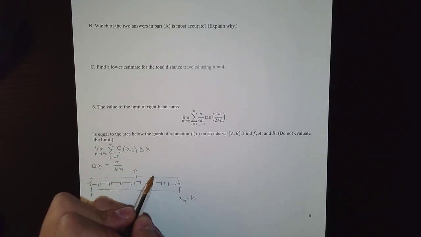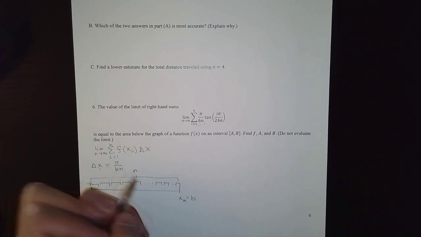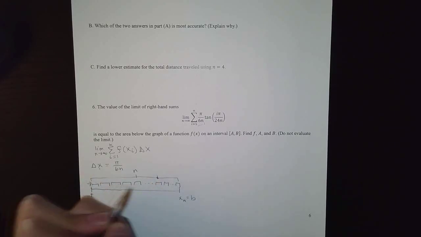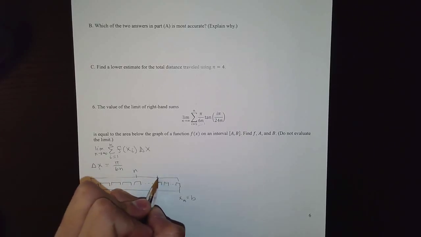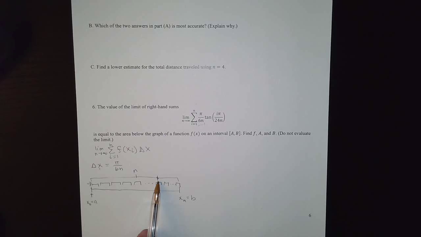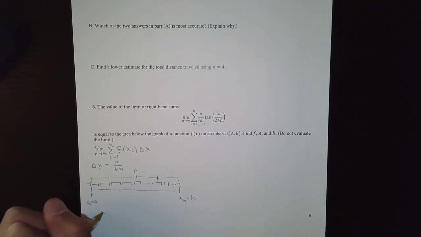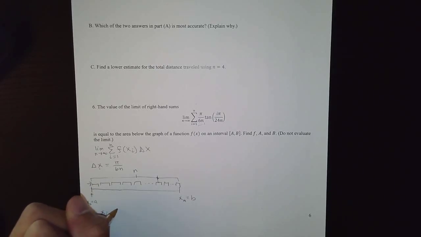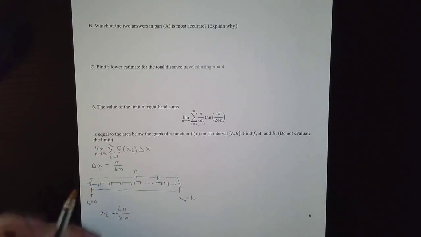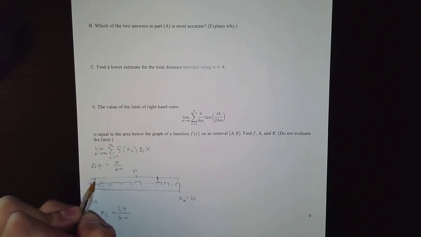We should find what these integers are. Well, suppose there's an ith number within this interval. Well, that would mean that x sub i is equal to i pi divided by 6n, because each of these intervals is worth pi over 6n.